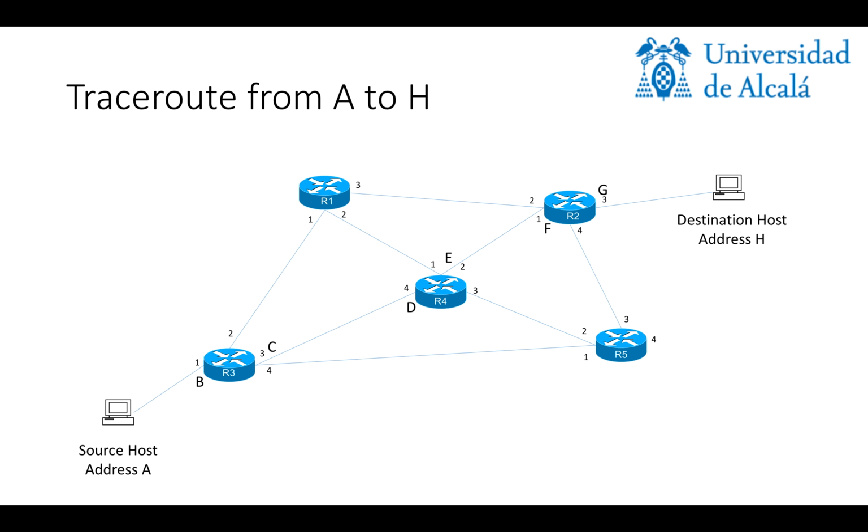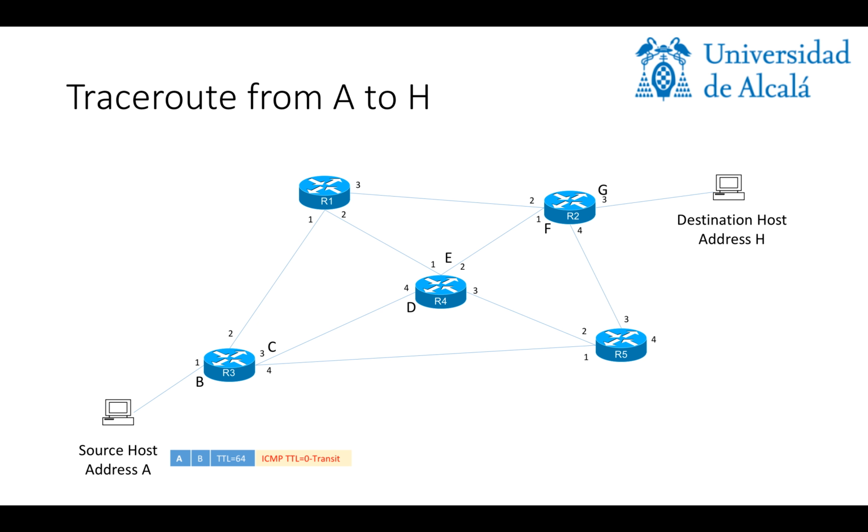Since the packet has been dropped, R3 will notify the source host A with an ICMP packet with source address B, specifying that the TTL of this packet expired, and it will send it back.